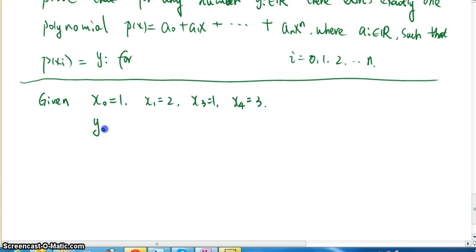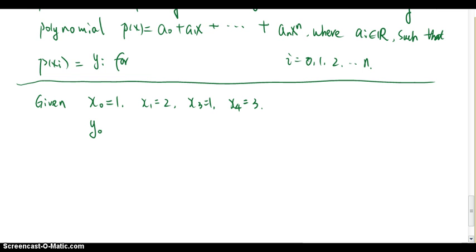For example, I give you y of 0 is equal to, what number do we want? 5. y of 1 is equal to 6, y of 2 is equal to 7, and y of 3 is equal to 8.